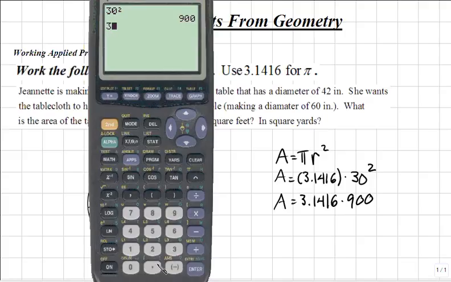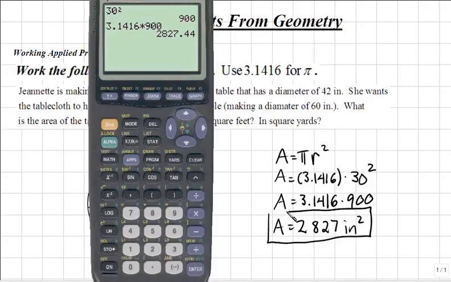Next we'll take 3.1416 times 900 to arrive at the answer that the area would be roughly 2,827 square inches. So now we have found the area of this tablecloth in square inches.